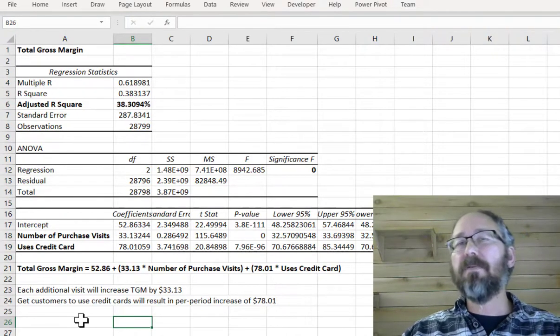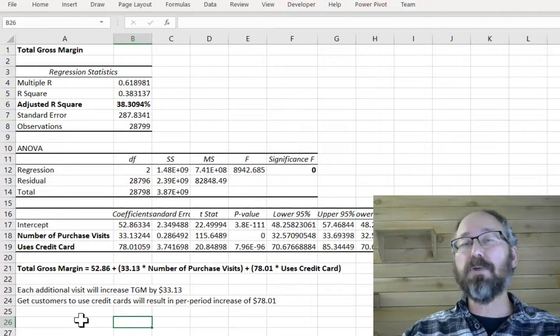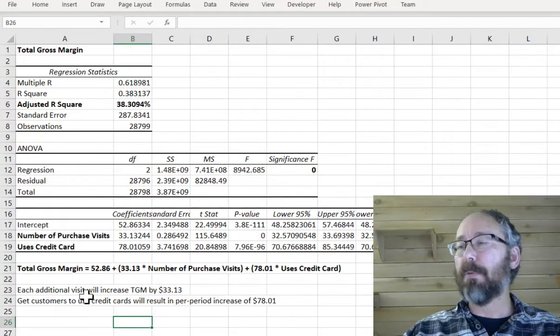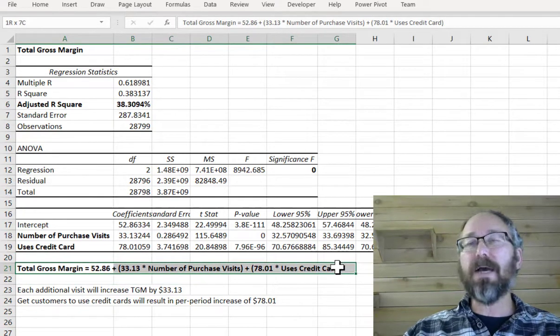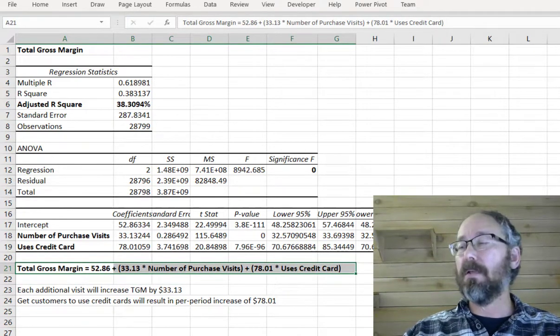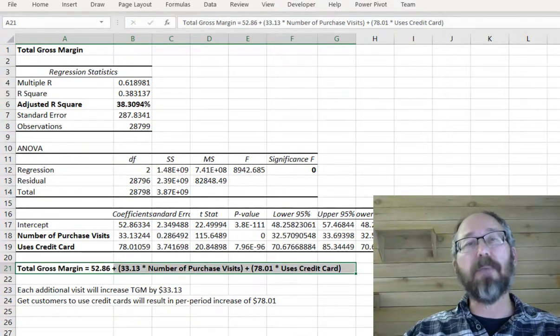Excel does not have an easy way to do a scatter plot with a trend line for the multiple regression analysis, so where we're using more than one predictor variable. But we can use this formula to create a new column, a calculated column, and then we can produce our scatter chart and produce our trend line and show the R value.